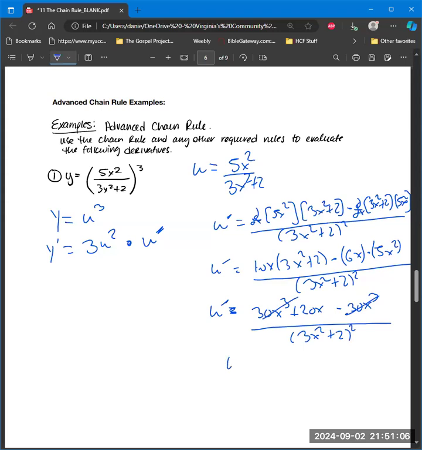So u prime is 20x over 3x squared plus 2 quantity squared.